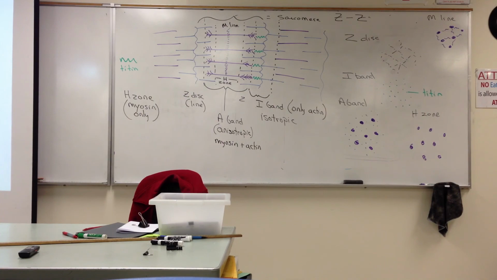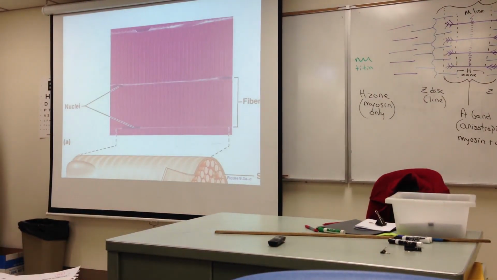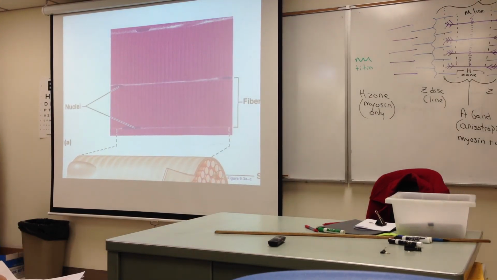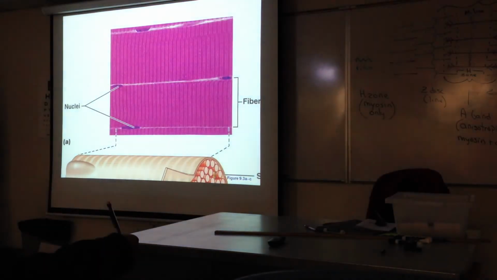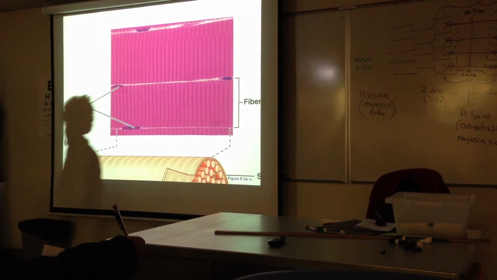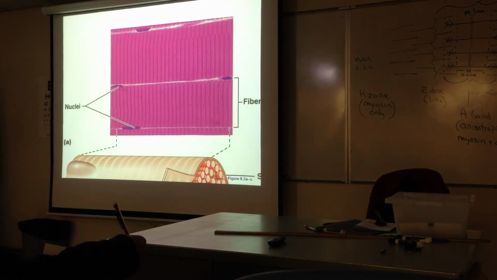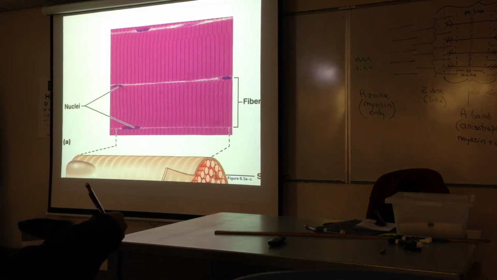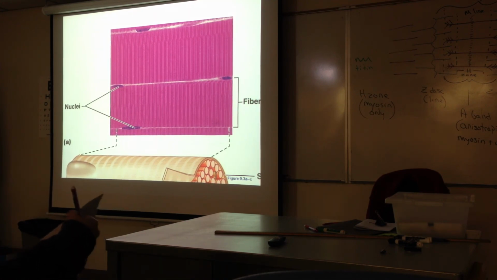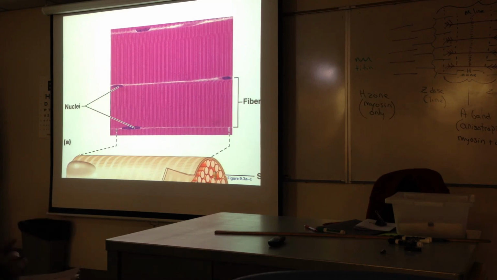So if we look at this in the microscope, let me turn the lights off. This is a light microscope, and this is what we're going to be looking at in lab. I have an experiment to do on Thursday. Hope it works. I haven't done it in about 4 years. Stuff is coming in tomorrow, but it has to come fresh because we're looking at enzymes. We're going to take pieces of rabbit muscle that have been soaked in glycerin and cut them into 1 centimeter sections and then look at them under the microscope with or without salts and ATP.